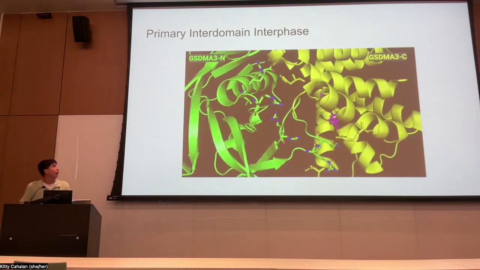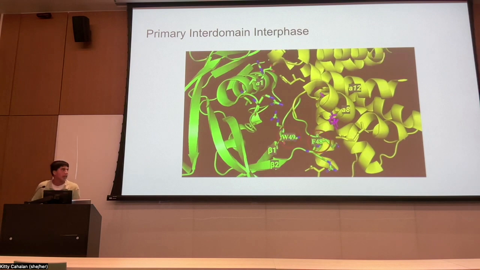So taking a deeper dive into the primary interdomain interface, as you can see highlighted is the N terminal versus the C terminal right here. And I decided to illustrate even further the alpha helix right here, the 2 beta strands, and the other 2 alpha helices right here to just illustrate where this is in the gasdermin.